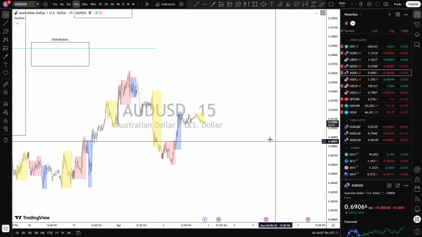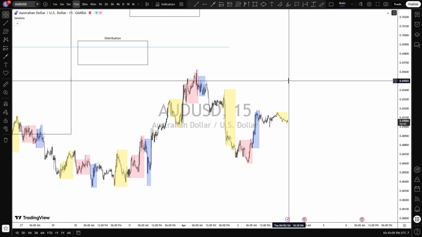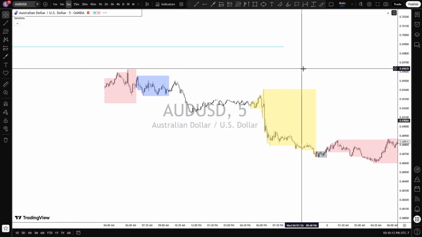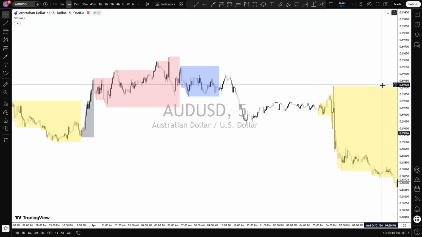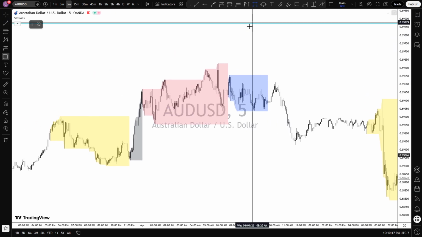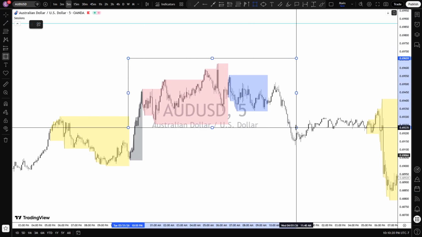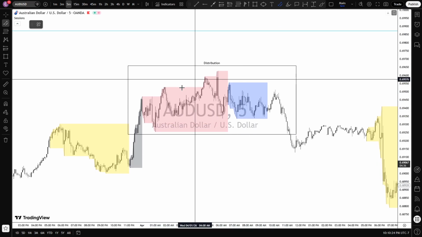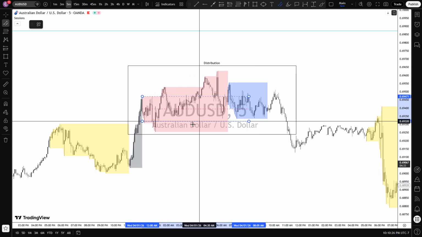AU, I did miss a trade. It did distribute here and then gave an entry. Let's see. So this did distribute. Did give a schematic here.